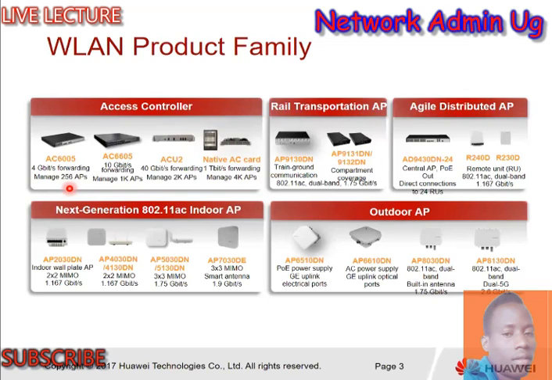It can create what we call the extended service set identifiers. Later on, we shall come to describe what is a service set ID, what is an extended service set ID, what is a basic service set ID, and all that information. We shall look at it later on.